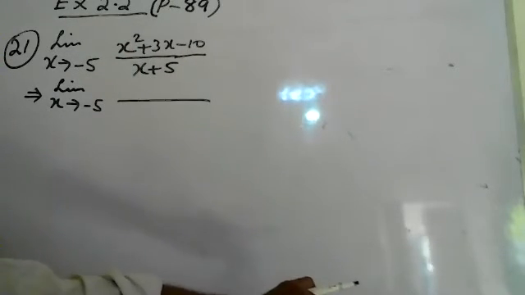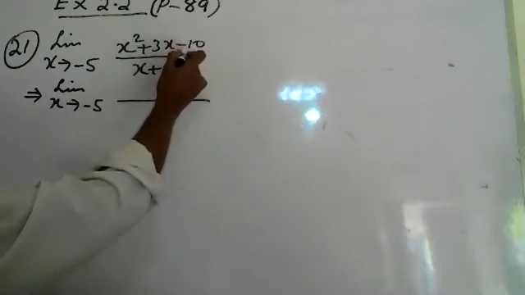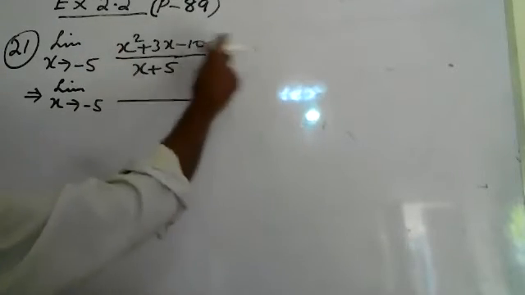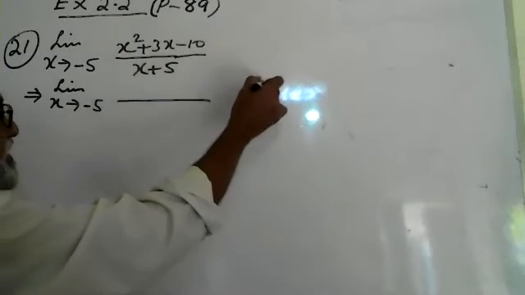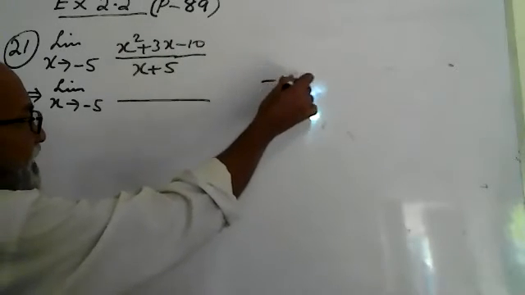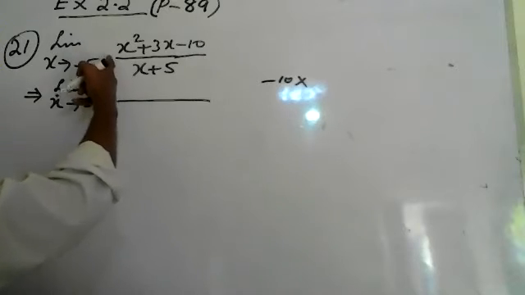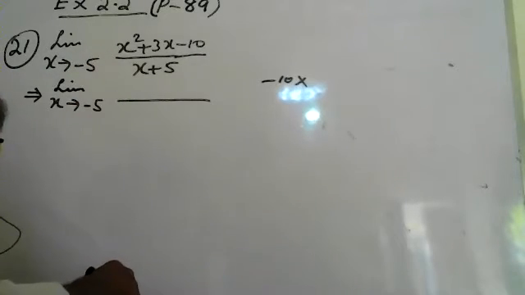Okay. So the last number is multiplied with the coefficient of the first term. The last number is minus 10. That is multiplied with the coefficient of the first term, which is 1.